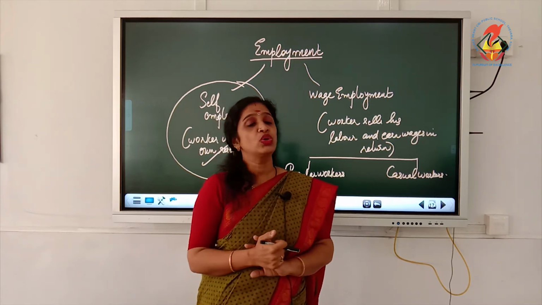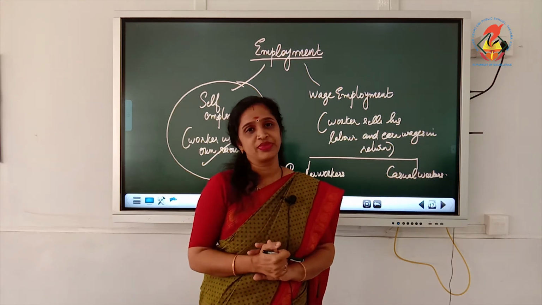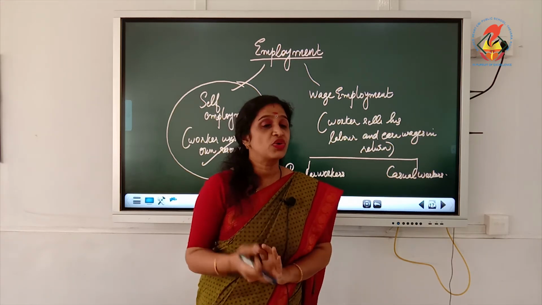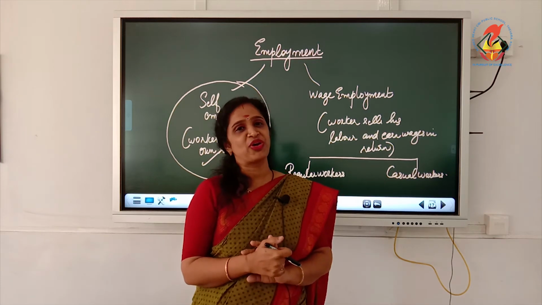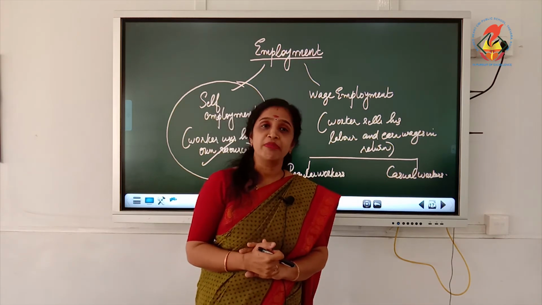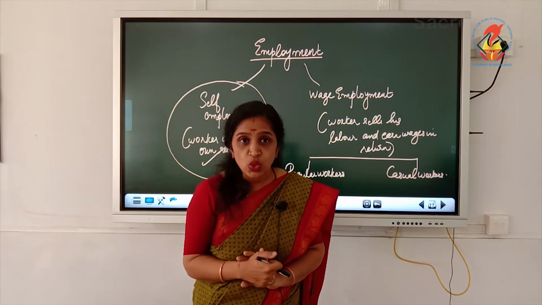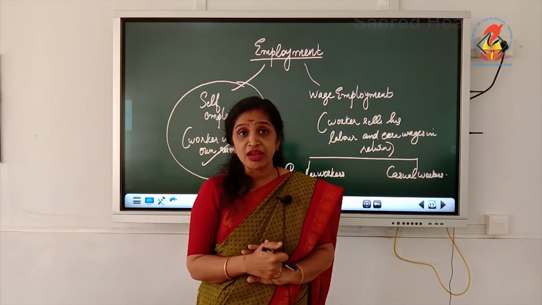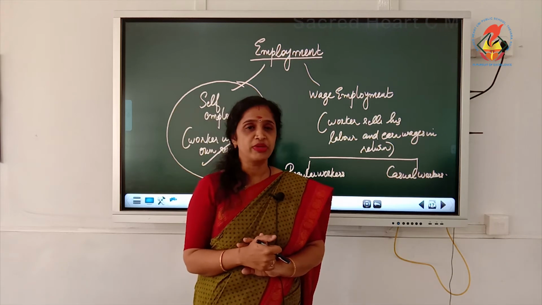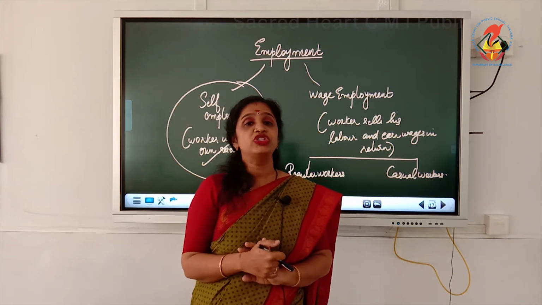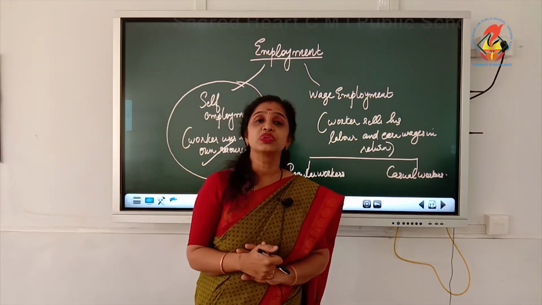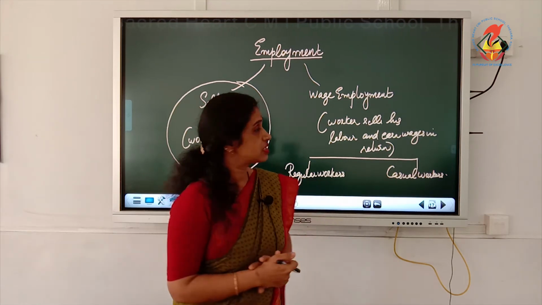A doctor who is running his own clinic at his home, that is also an example of self-employment. He is not working under any management or any institution. He is running the clinic by his own. So self-employment is a type of employment in which the worker uses his own resources.